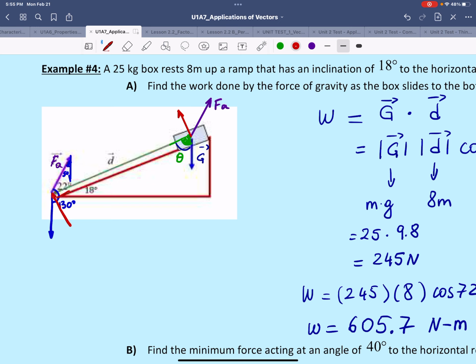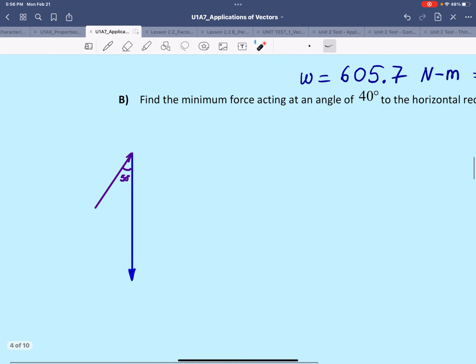So that will make the angle head to tail with the force FA equal to, so again, look at this angle, this is 90. This angle here is 22. So the angle made between the normal force and force FA, when placed head to tail, would be 90 plus 22 or 112.